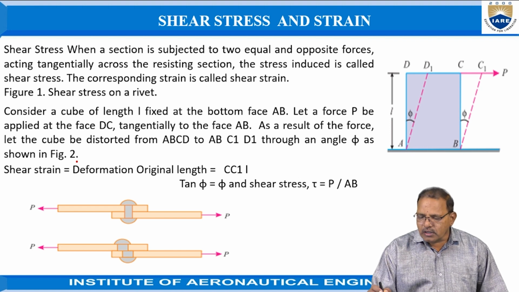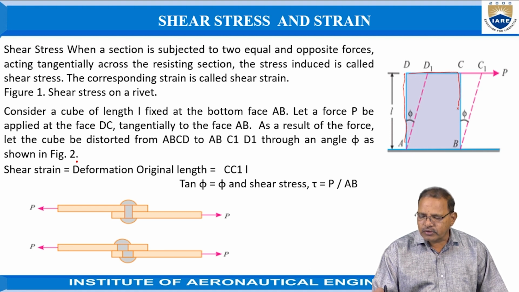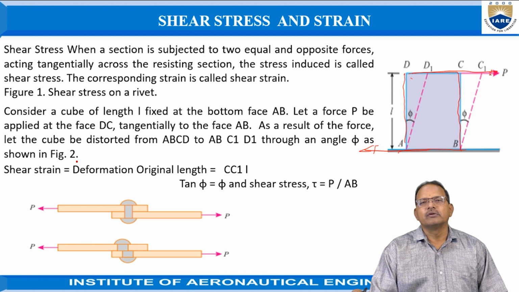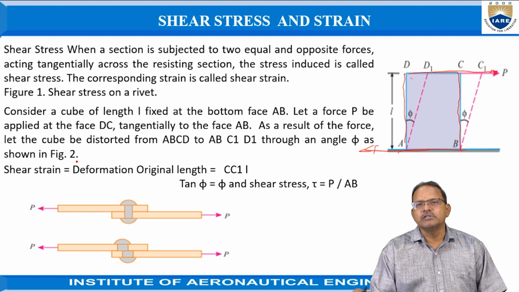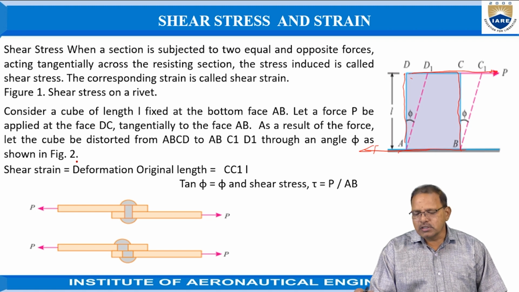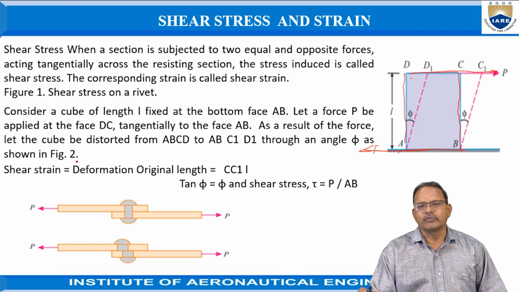Example, here this is representing the object. Two equal forces, one in this direction and one in the opposite direction, are acting on it. These forces are parallel to each other and acting tangentially to the surface of the object. The distortion is taking place as shown in the figure.